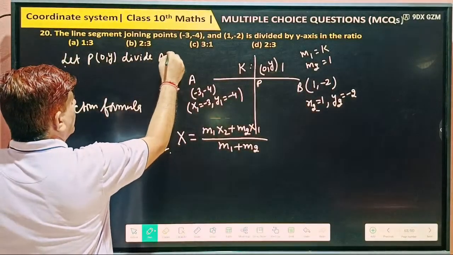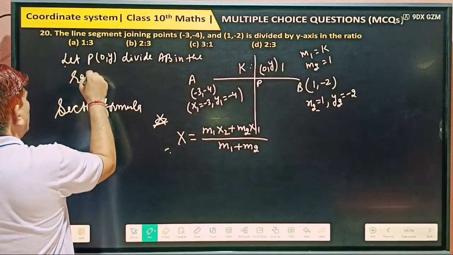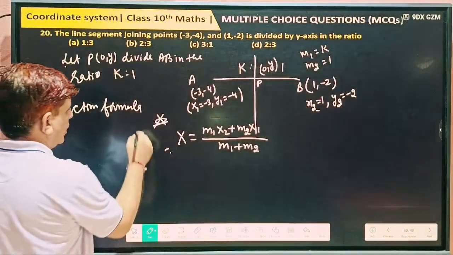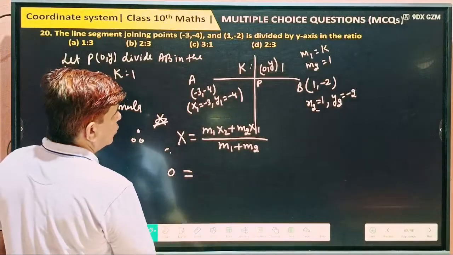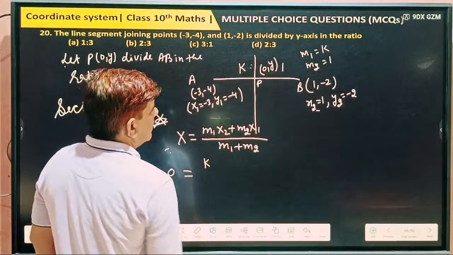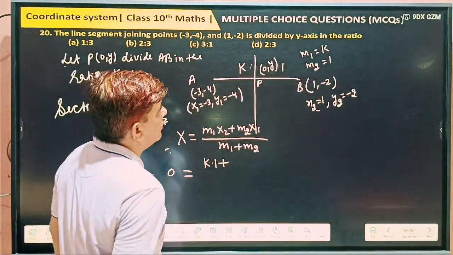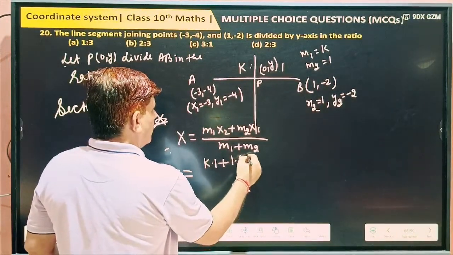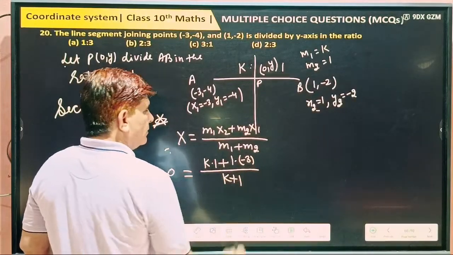P divides AB in the ratio k to 1. So 0 is equal to m1 x2 plus m2 x1, that is k into 1 plus 1 into -3, divided by k plus 1.